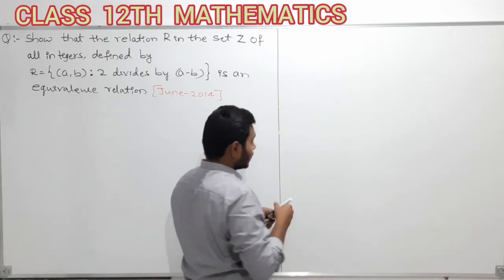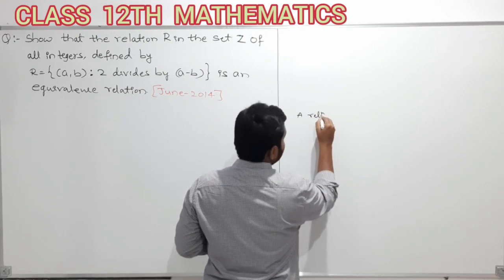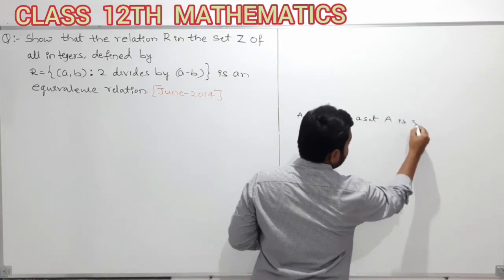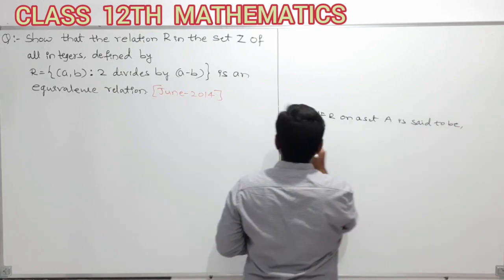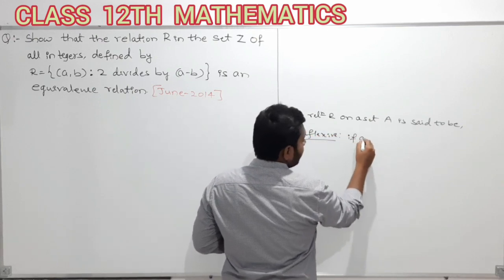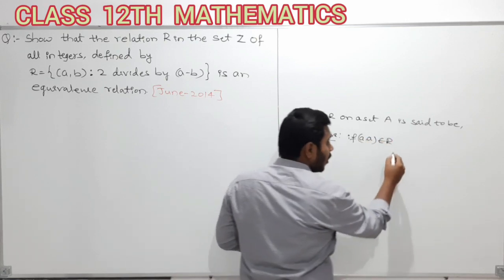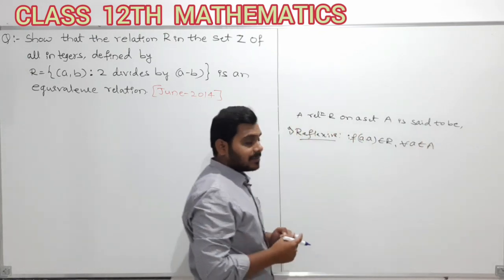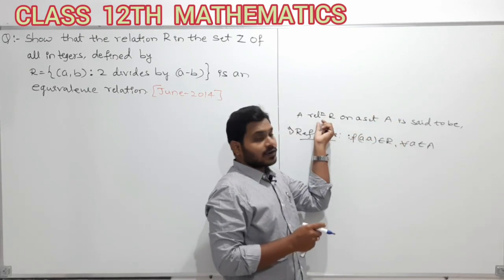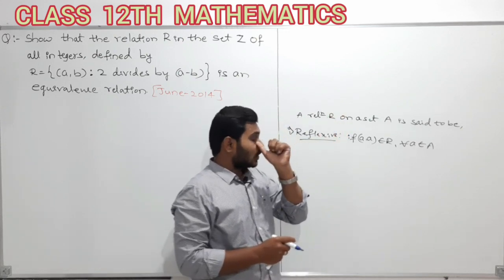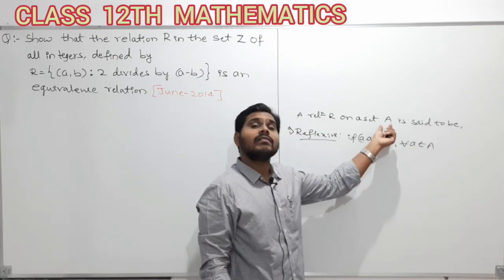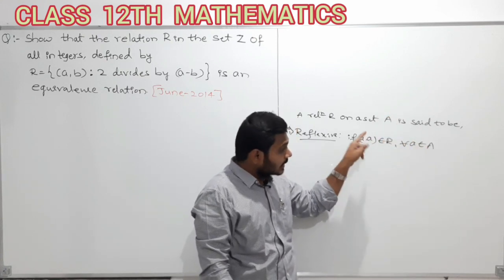Already we know, my dear friends, please remember, a relation R on a set A is said to be reflexive if (a, a) belongs to R for every a belongs to A. It means if you are defining the relation R on a set A, then that relation we can call reflexive if every element of A is related to itself.